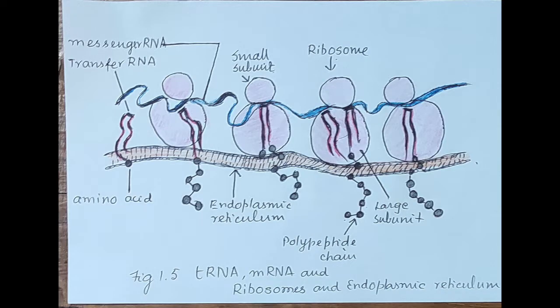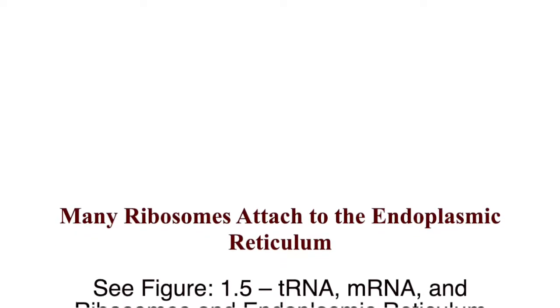This figure 1.5 shows the relationship of tRNA, mRNA, ribosomes, and endoplasmic reticulum. Many ribosomes attach to the endoplasmic reticulum. See figure 1.5 shown earlier.